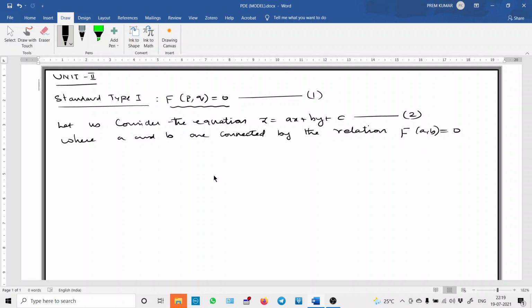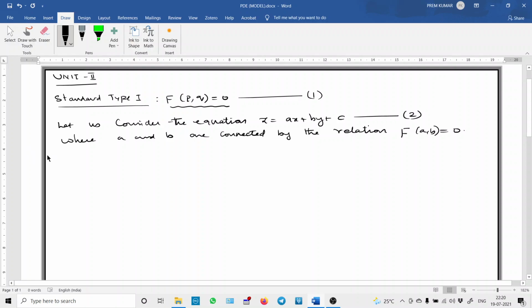See, this is the given PDE, which is capital F of P comma Q equals 0. So if there exists a relationship like this between A and B, then A and B are connected by this relationship, which is given by the PDE.